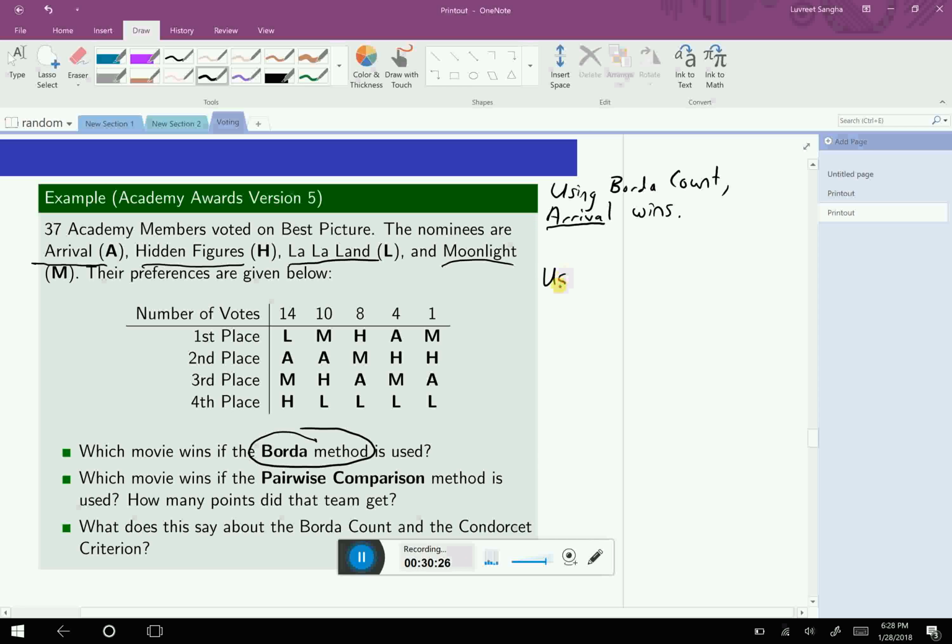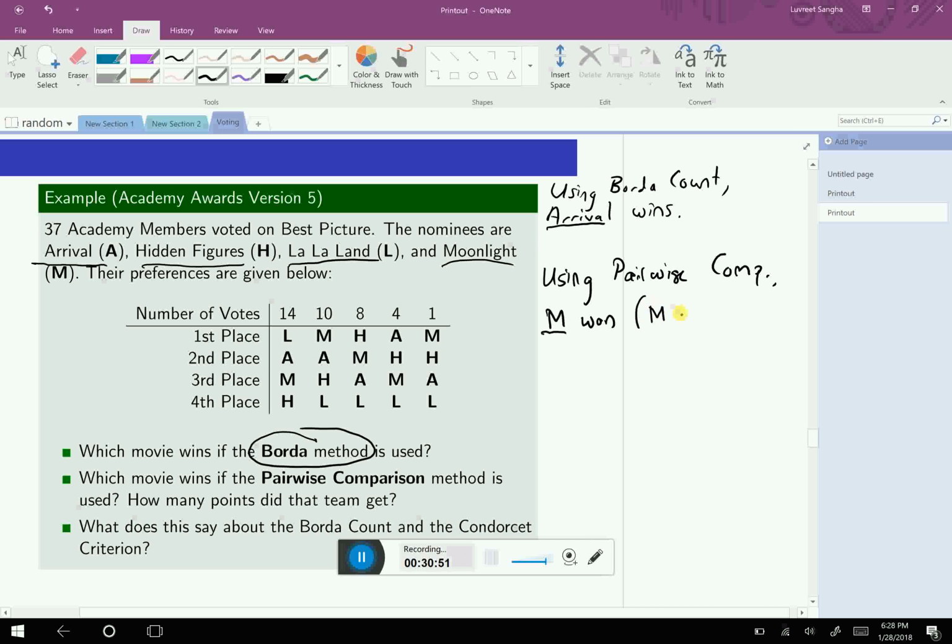So when we use pairwise comparison, M, which was Moonlight, won. In fact, when we did that, M actually won all of its matchups. M was a Condorcet candidate.